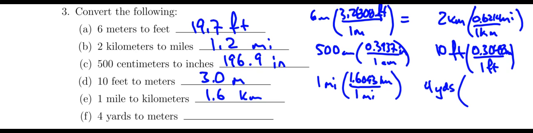How many meters are there in 1 yard? Well, there's 0.9144 meters in a yard. A yard is slightly smaller than a meter. So 4 times 0.9144, and we get that in 4 yards there are 3.7 meters.